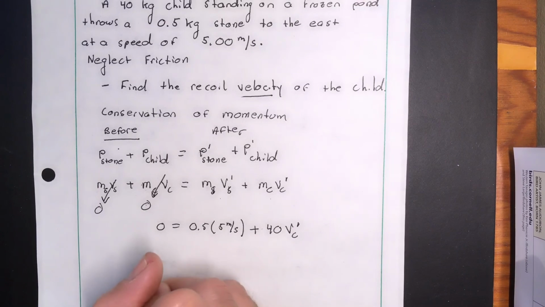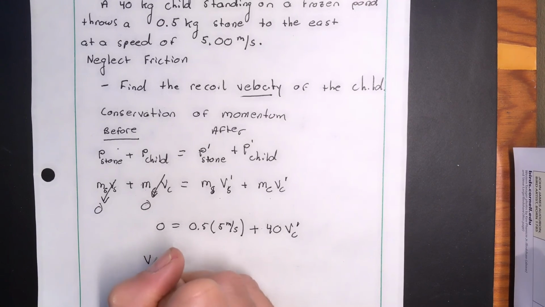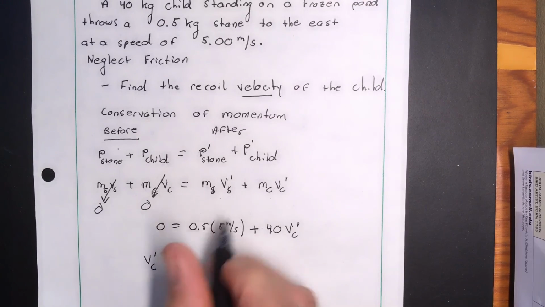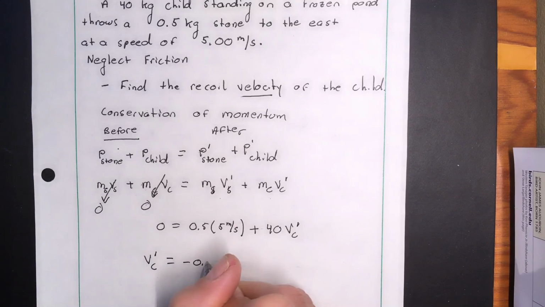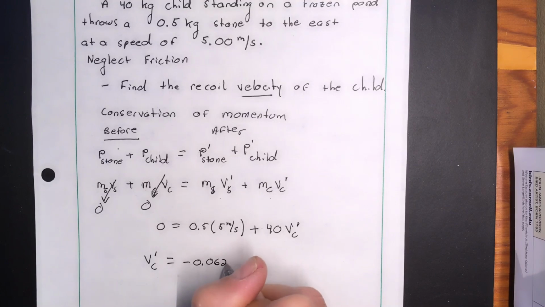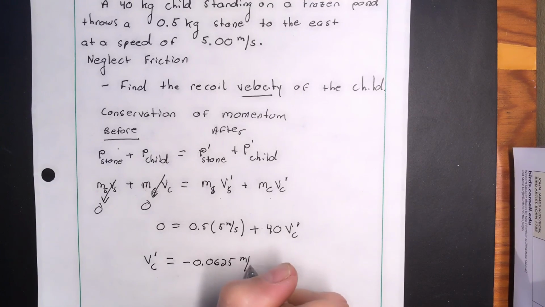And when you do that out, the velocity of the child after the child throws the stone is minus 0.0625 meters per second.